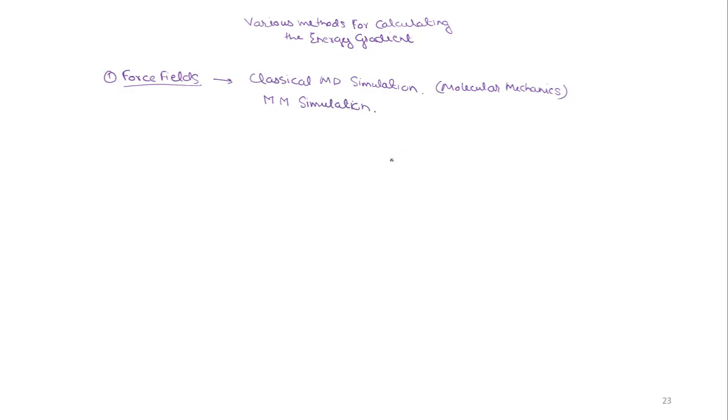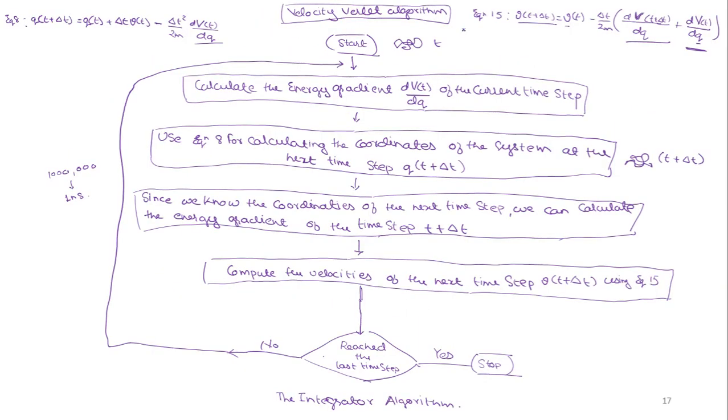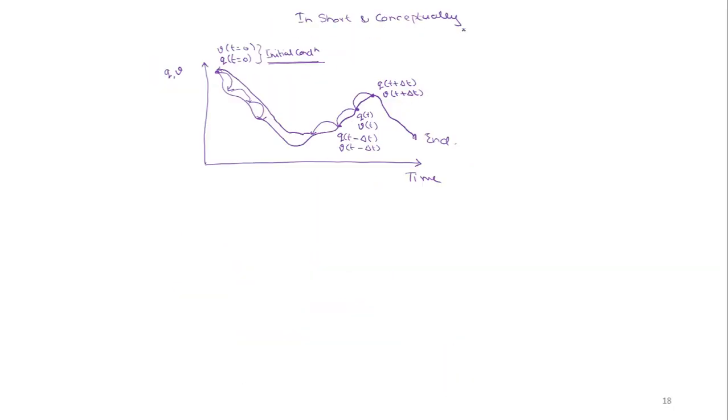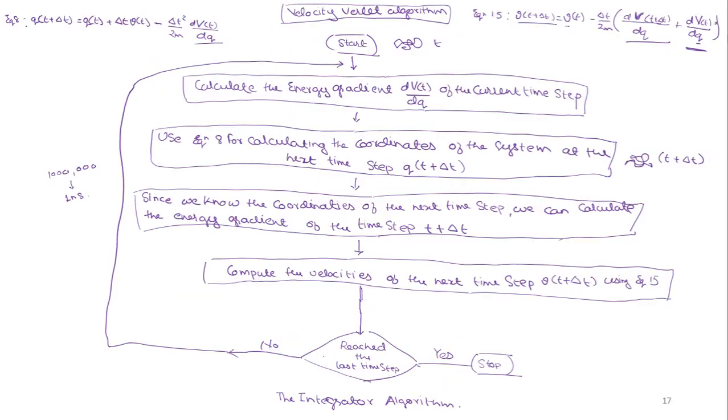We will address the issue of force fields and molecular mechanics energy calculation in our next few lecture videos. So this is one of the ways by which you can calculate the energy gradient to proceed in your velocity Verlet algorithm, and this energy gradient is required in equation 8 as well as equation 15. Look here, we will require the energy gradient over here, as well as here, in equation 8 as well as in equation 15.